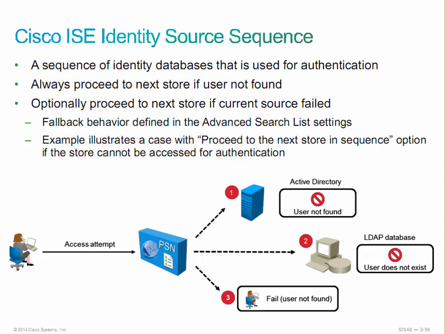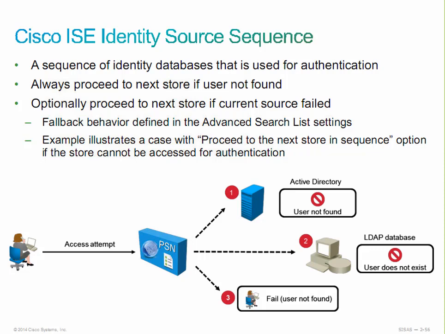That means that we're going to proceed to the next store in the sequence, which has been configured as the local ISE fallback. And then, of course, we see the authentication failed because the user was not in the local database. So in this particular case, the authentication fails completely.